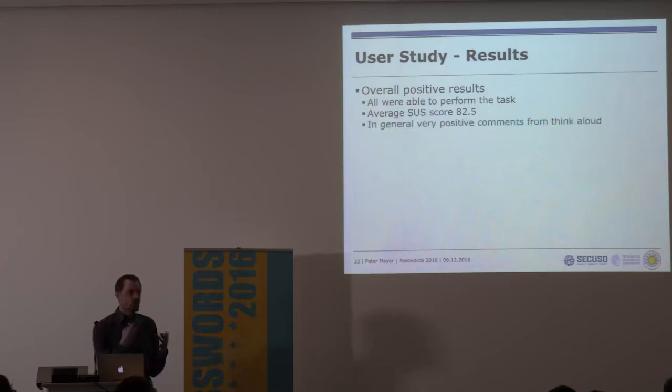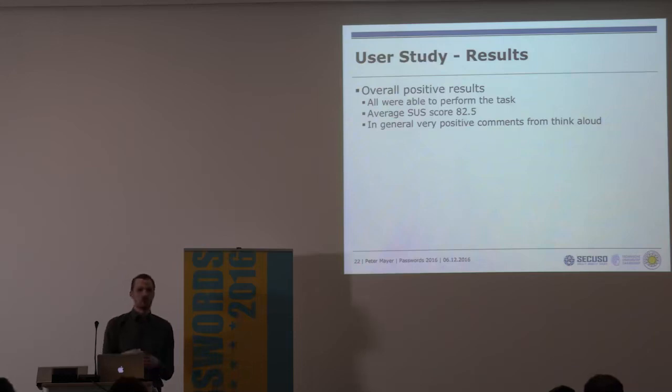And in general, also from the think aloud, we had very positive feedback that people thought it was really good that they could do this automatically, because many people actually admitted to not changing their passwords as frequently as they would like because it's too much hassle.